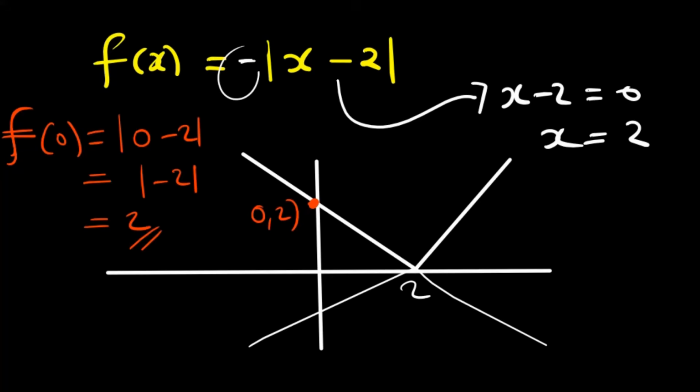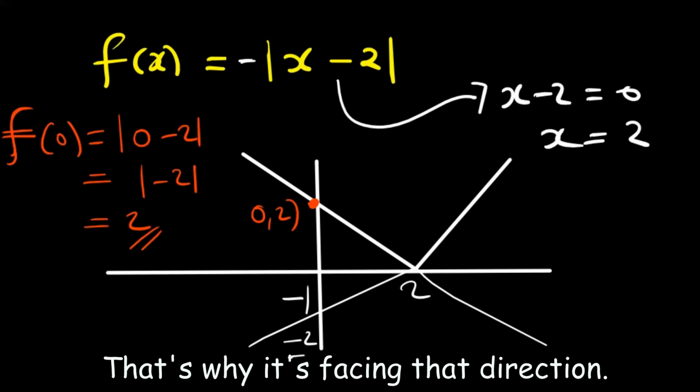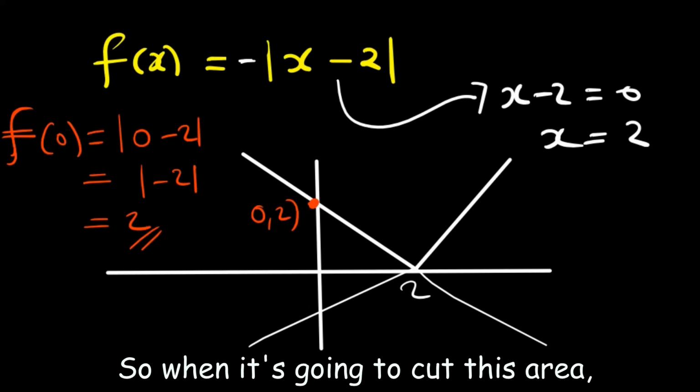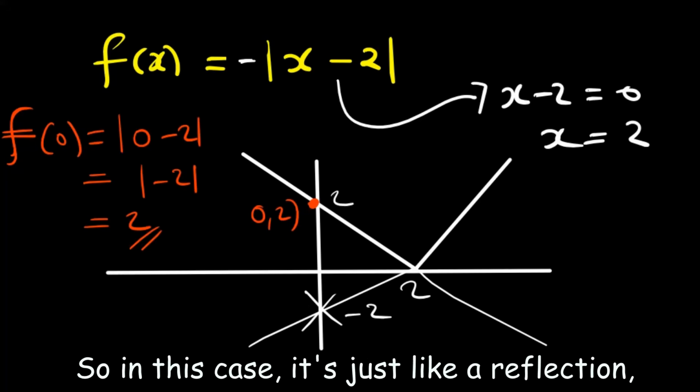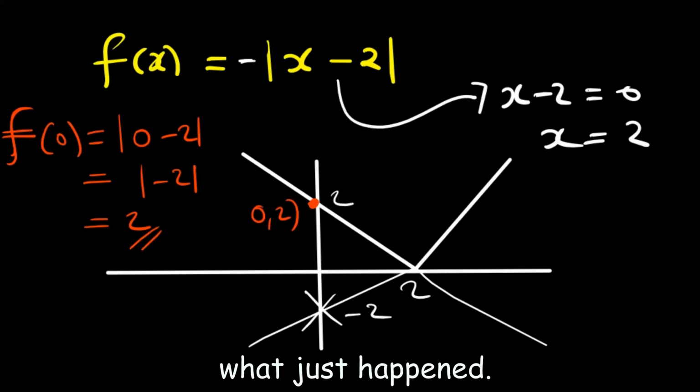So where are you going to find the negative values of y? Here, that's why I have negative 1, negative 2, negative 3. That's why it's facing in that direction. So when it's going to cut this area, if this was positive 2, this would be negative 2. So in this case, it's just like a reflection of what just happened. So basically, this is how you sketch modulus functions.